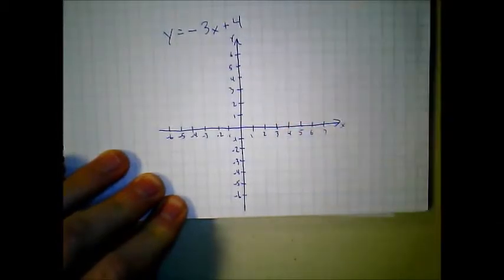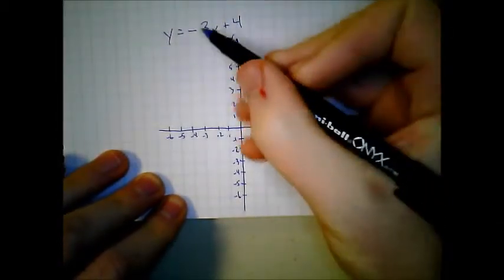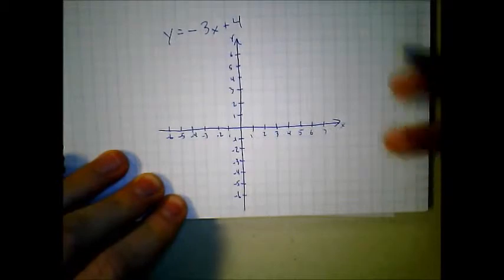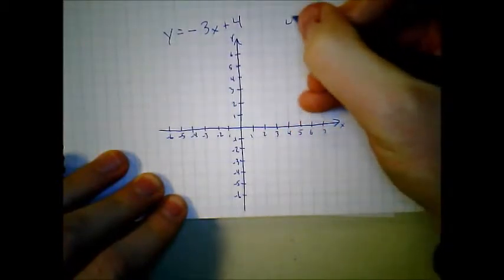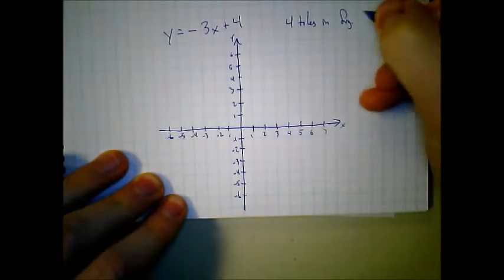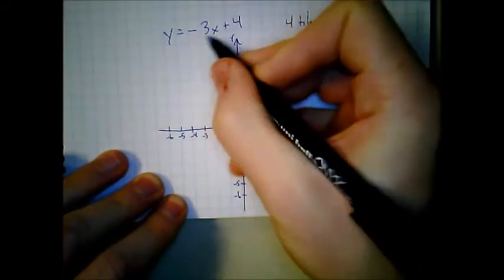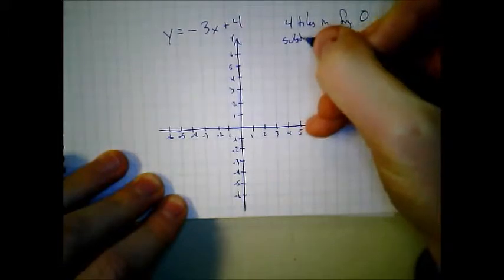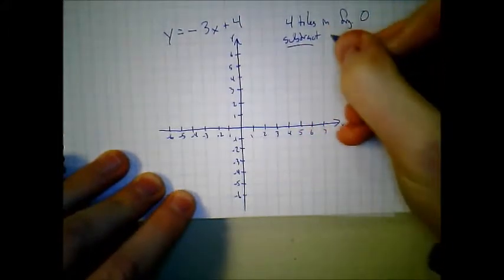Now we want to understand what this rule is telling us. What pattern does this rule represent? Well, this pattern represents we have 4 tiles in figure 0, and this negative 3 means we're subtracting 3 tiles each time.